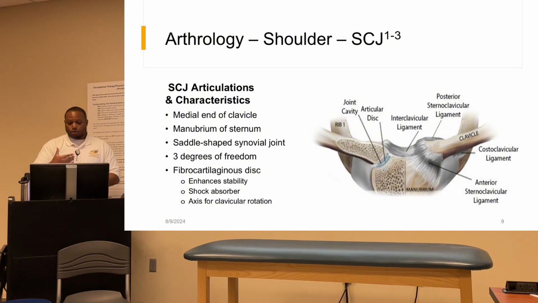Again, this is another joint that has 3 degrees of freedom. You have a fibrocartilaginous disc that enhances stability. It is a shock absorber, and it functions as a fulcrum, an axis for clavicular rotation, which is also required to achieve full range of motion at the shoulder joint complex.